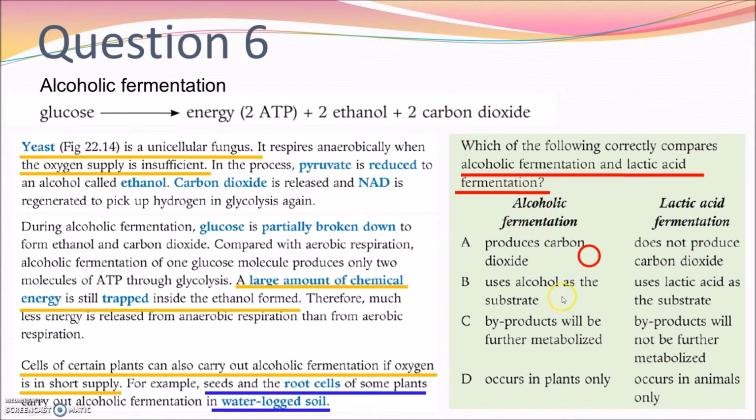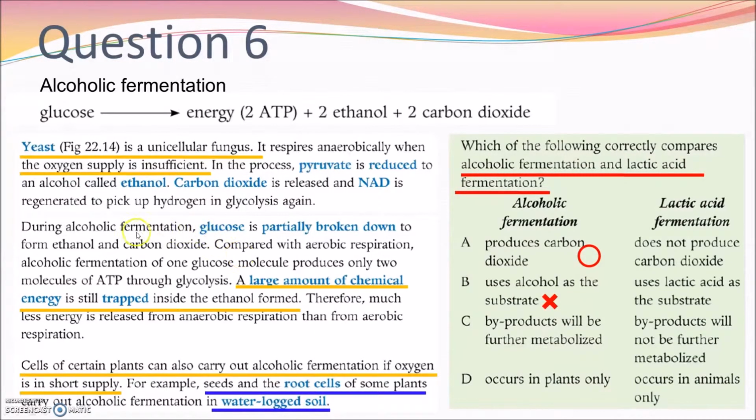For the alcoholic fermentation, it uses the alcohol as the substrate, but according to the equation, you should know that it's the product instead of substrate, right? And then the byproduct will be further metabolized. That means maybe the yeast, maybe the plant, they can handle the alcohol after they are made, they are produced.